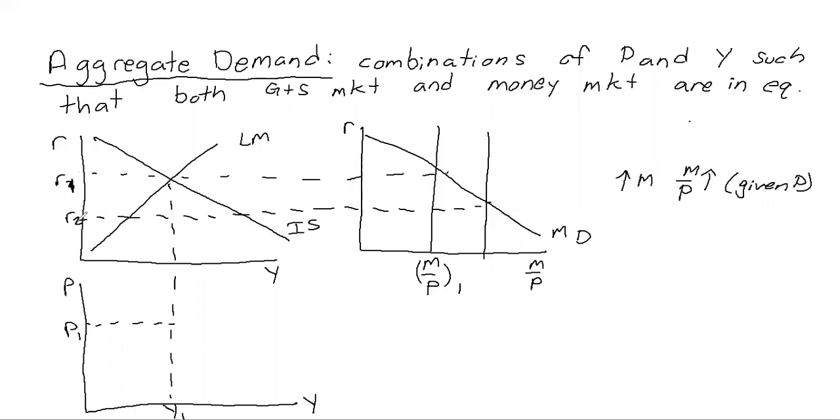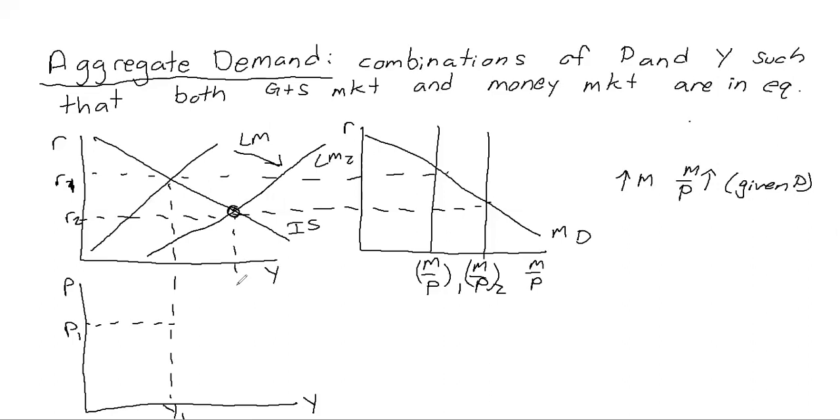From R1 to R2. And from here, we know that if we have a shift in the money supply from M over P1 to M over P2, we're going to see a shift in the LM curve. So let's line that up as best as we can to LM2. So we're going to see a shift to the right in the LM curve, and now we have a new equilibrium.